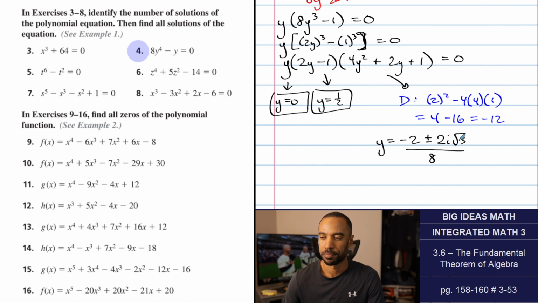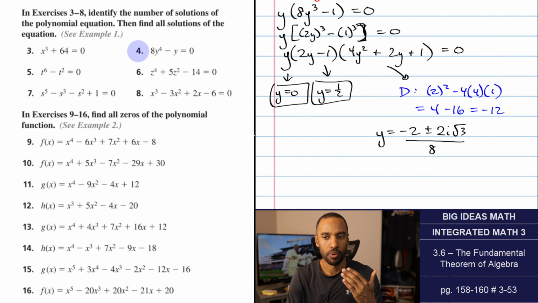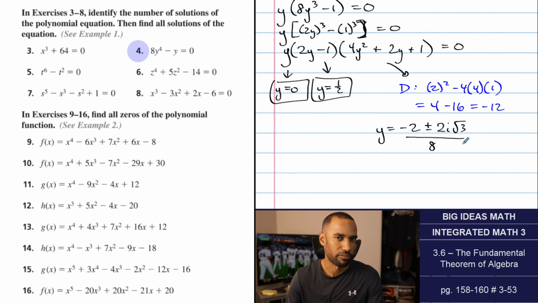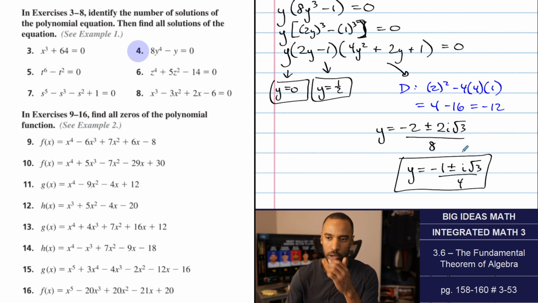We saw this before as 2i root 3. 2 times 4 is 8. So I might be rushing some of the quadratic formula stuff. The point of this lecture isn't to teach you the quadratic formula, though. It's to see if you have some mastery in that, or I'll do it for you, or you do the steps meanwhile as you move through it. Now, these can all divide by 2 to reduce these as a fraction. This would be negative 1 plus or minus i root 3, all divided by 4. So those are the other two solutions that will exist in this.